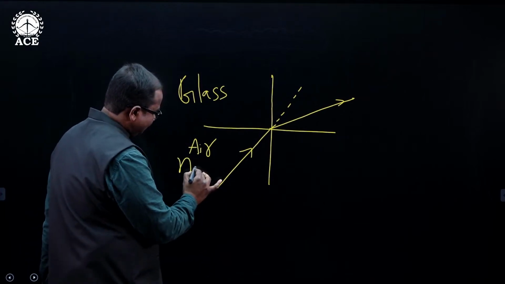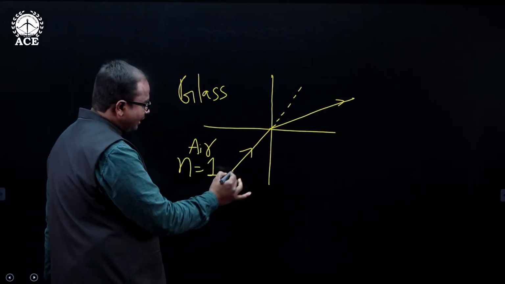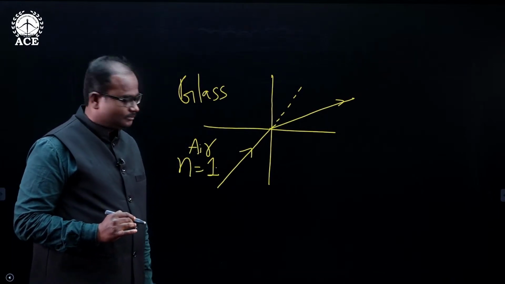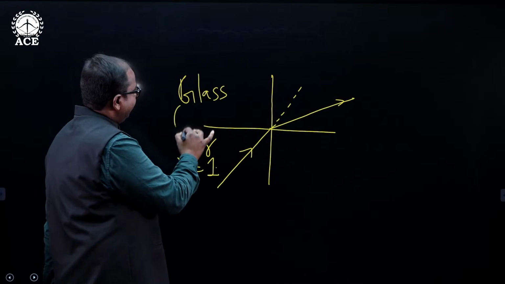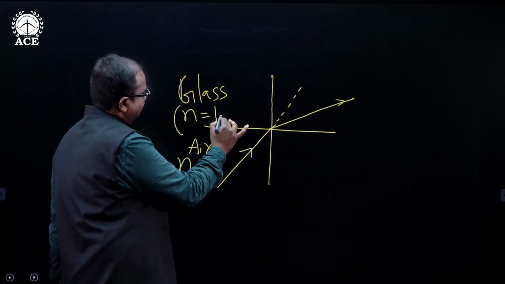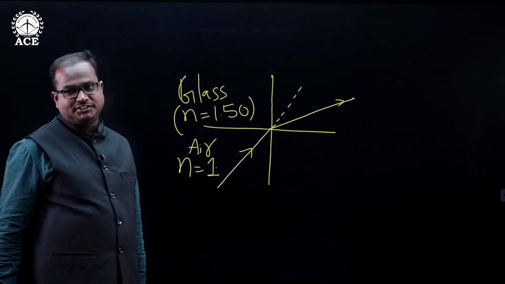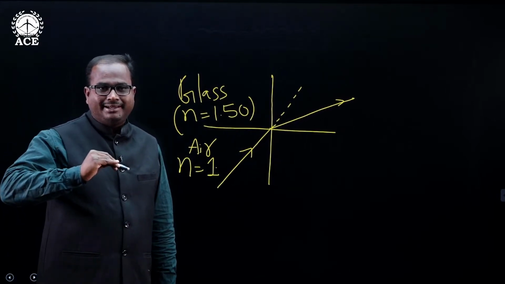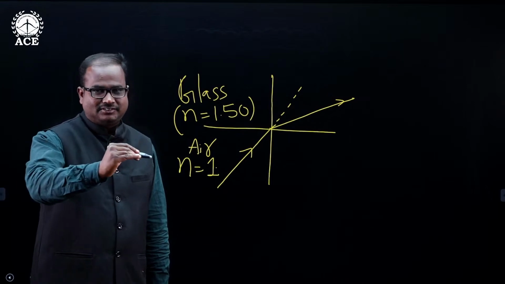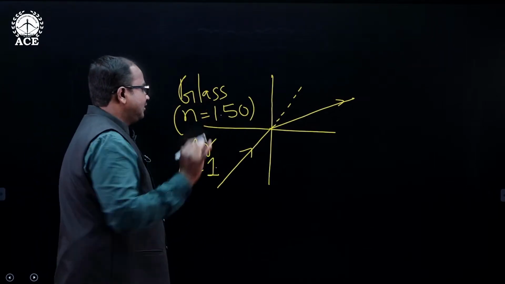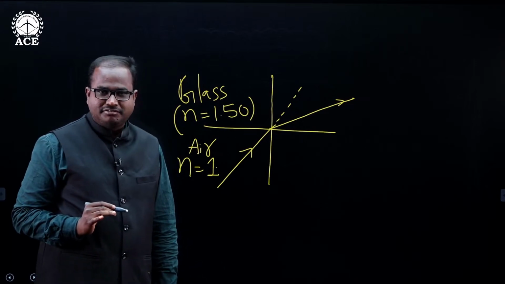We can observe that the refractive index of air is around 1.003, approximately we can take it as 1. What about the refractive index of glass? It is around 1.5. When you compare air and glass, the refractive index of air is 1, the refractive index of glass is 1.5.